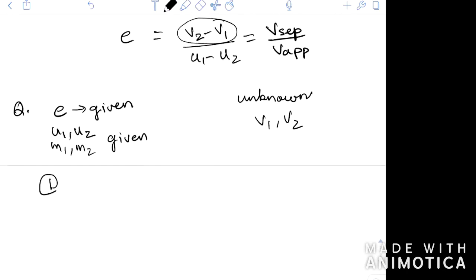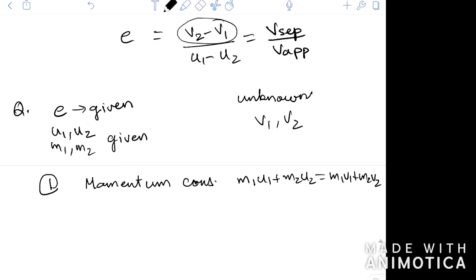One equation we would get from momentum conservation, which would give us this equation: m1 u1 plus m2 u2 is equal to m1 v1 plus m2 v2.